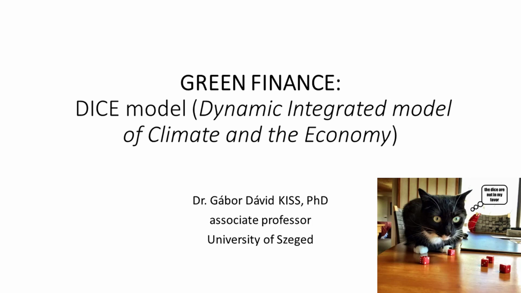So, I hope that I can show you interesting things because, first of all, my idea about the DICE model, which tries to describe the macroeconomic influence and impact of climate change, would behave something like this.